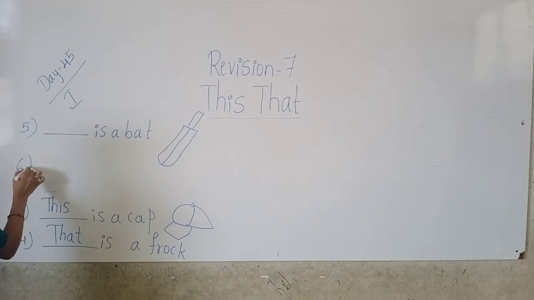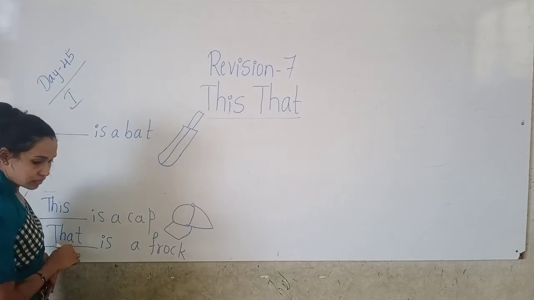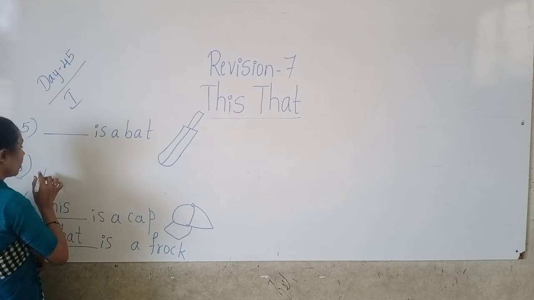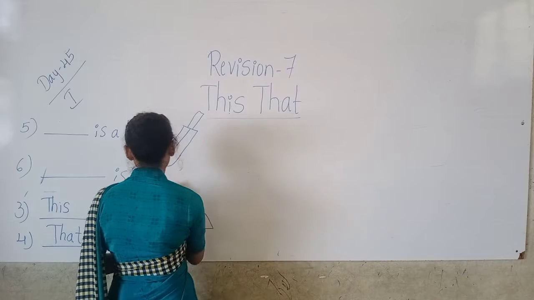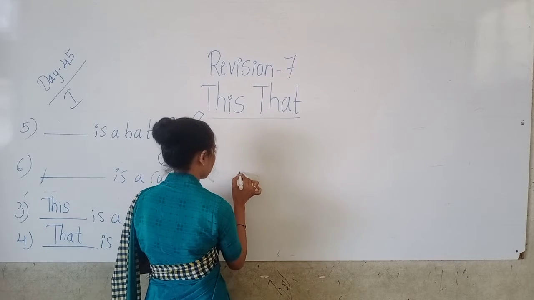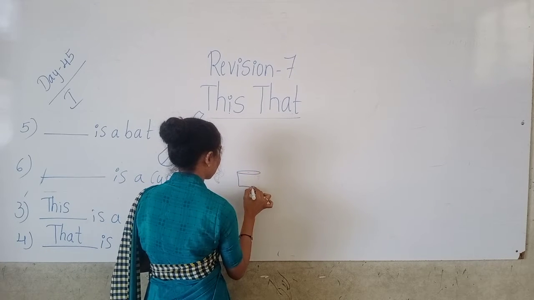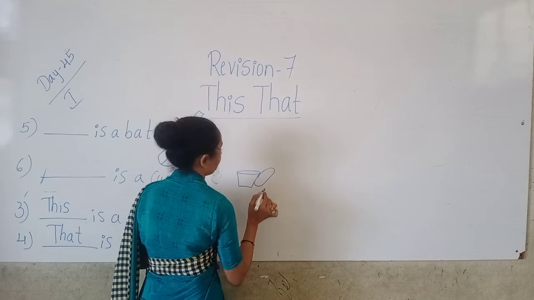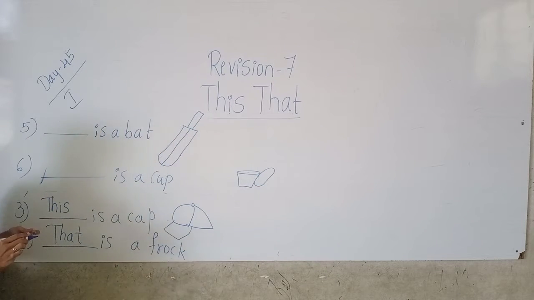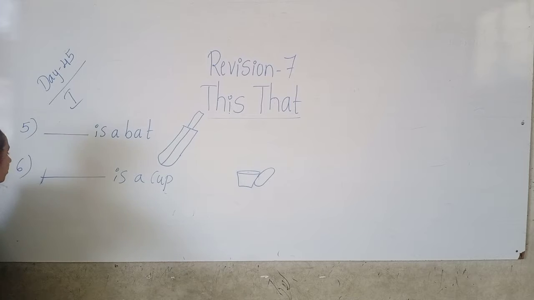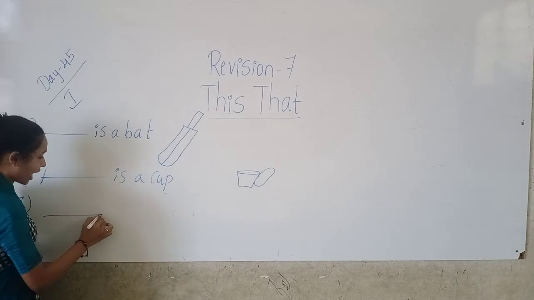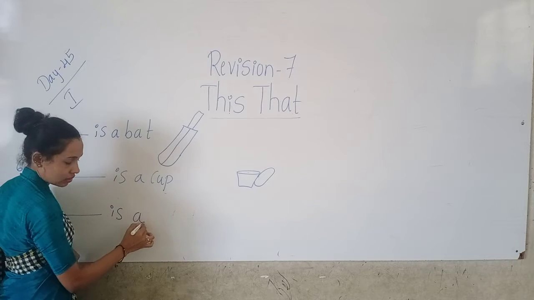Okay, sixth one, dash is a cup. Dash is a cup. Okay, let us write seventh one, dash is a belt.